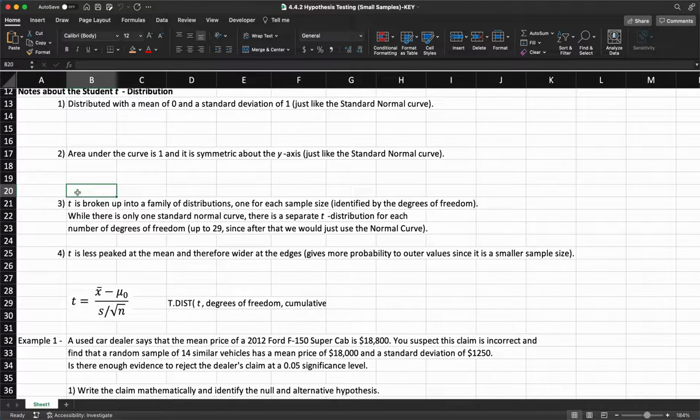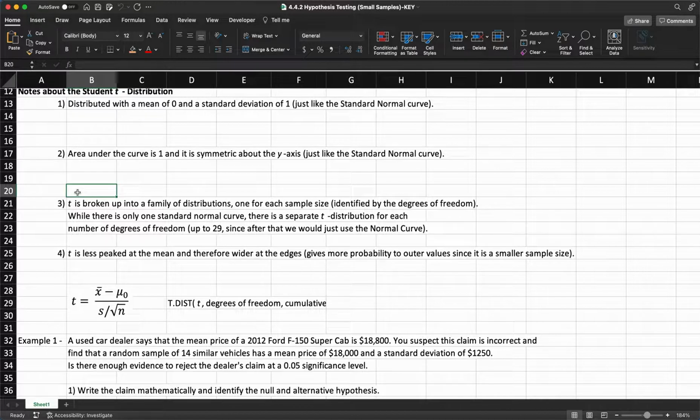And then after 29, it would just be a normal curve. So 30 sometimes is right on the cusp. Sometimes you'll see that we only use n is less than 30 for the t-distribution. Sometimes you'll see less than or equal to 30. When you're on the edge there, the t-distribution and the normal distribution are almost the same at that point anyway.